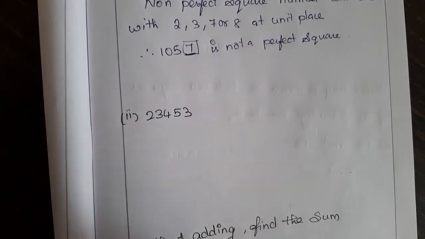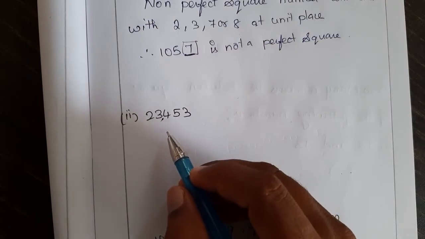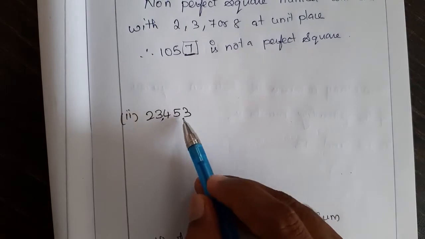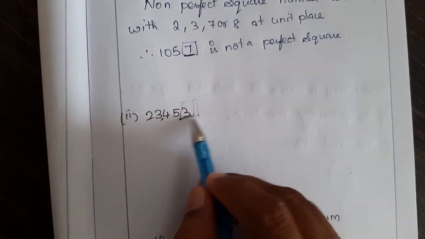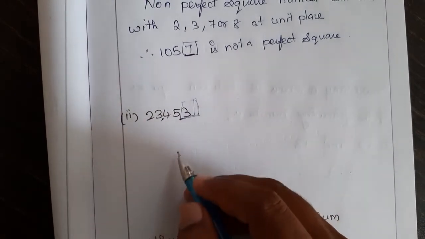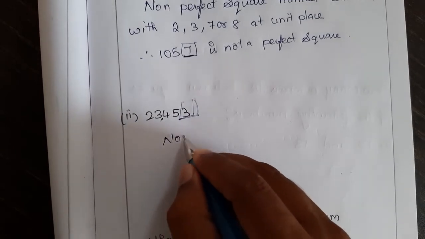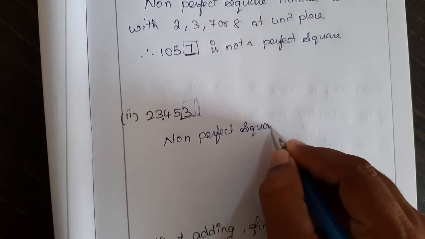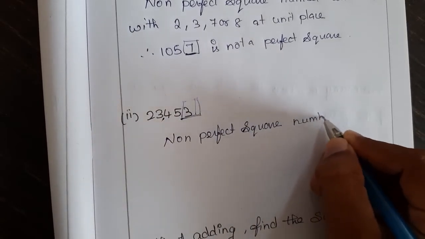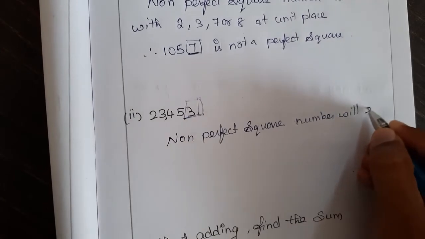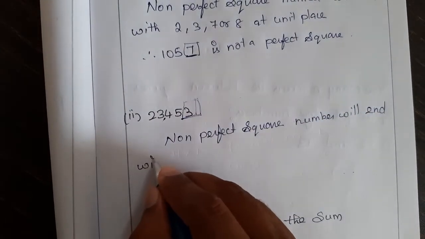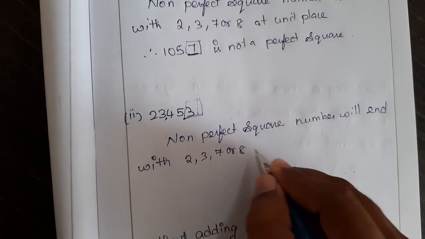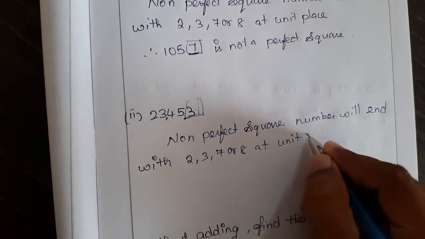The same here, right? 23,453 is obviously not a perfect square. The reason is its unit place is 3, right? The unit place of the number is 3. So a non-perfect square number will end with 2, 3, 7 or 8 at the unit place.